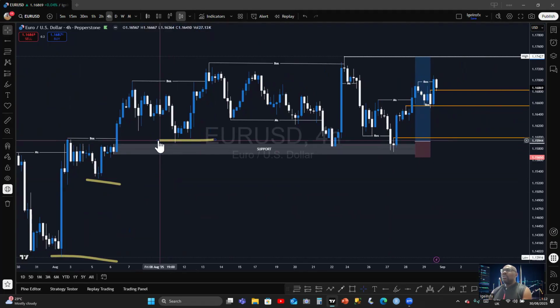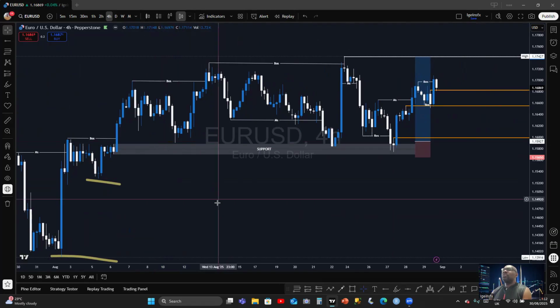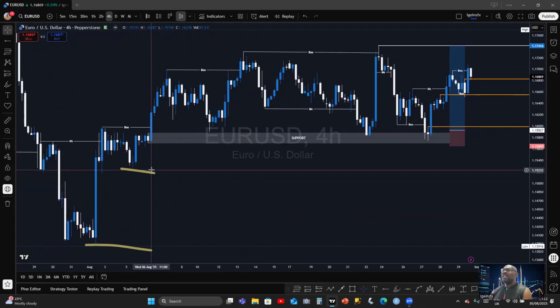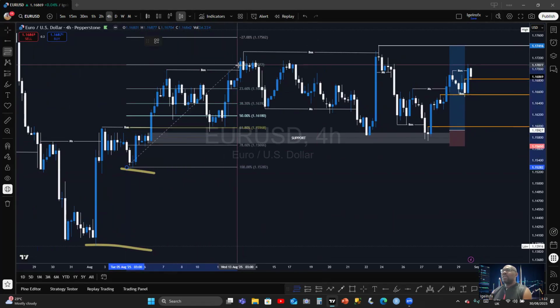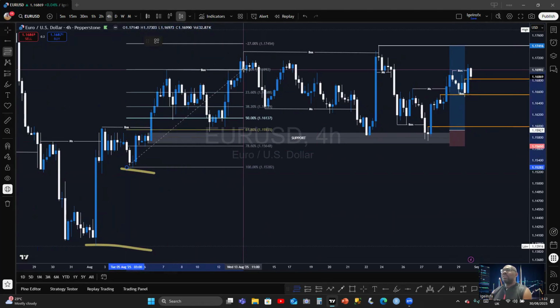Now, you can use what we call a tool called the Fibonacci retracement tool. I will make a video on that. I will teach you guys how to use it. You see how I measure this from 100 to 0.